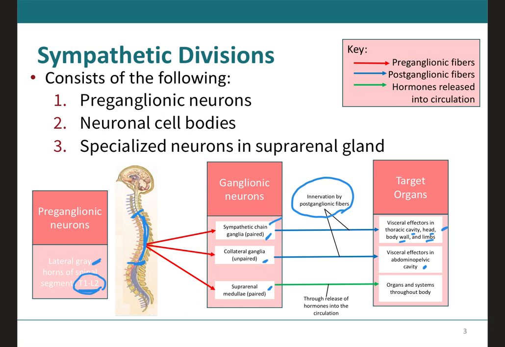These ganglionic neurons are going to have very short axons, and when they are stimulated, they're actually going to release neurotransmitters that will act as hormones, and they will travel through the bloodstream to be distributed to organs and other systems throughout the body. So they're not localized like these two over here that are targeting specific organs. If it's going into the bloodstream through the circulation, it will affect several different organs throughout the body.